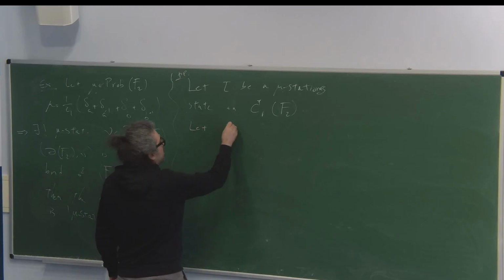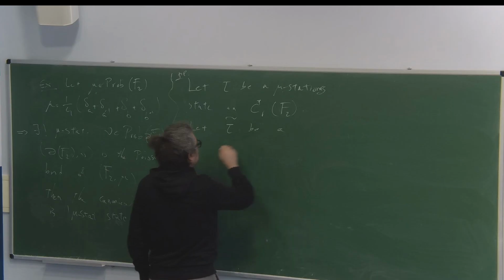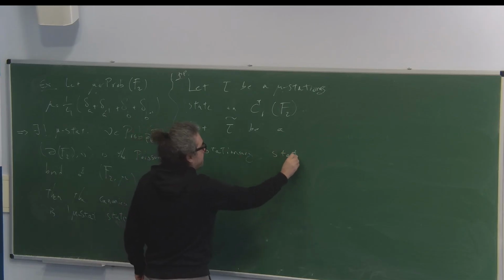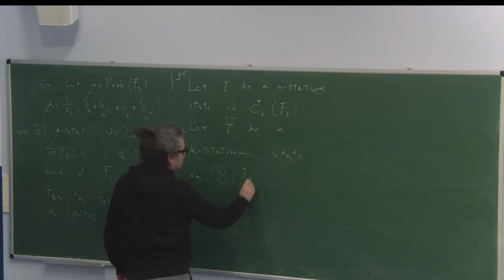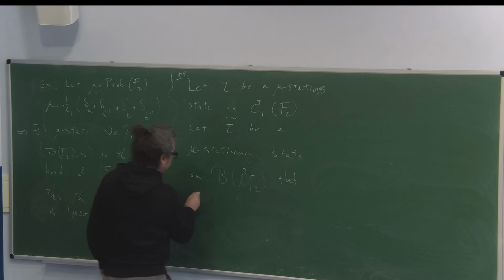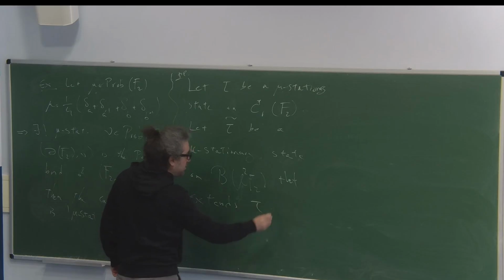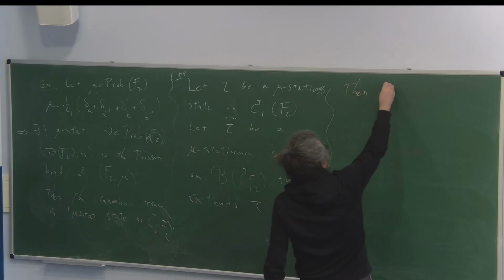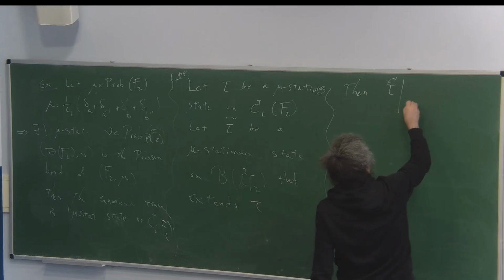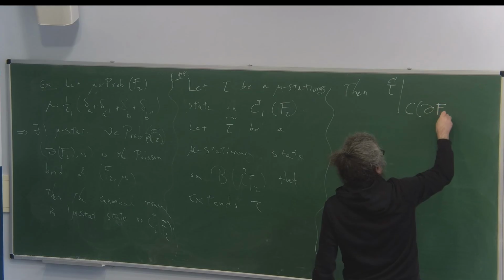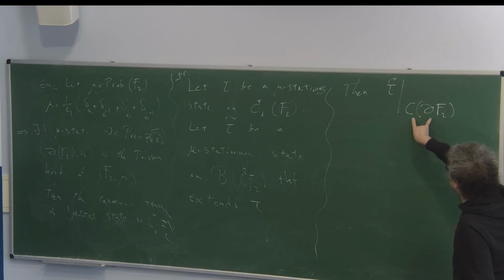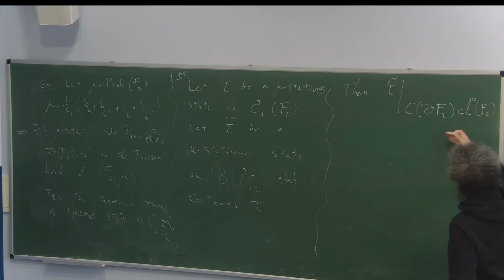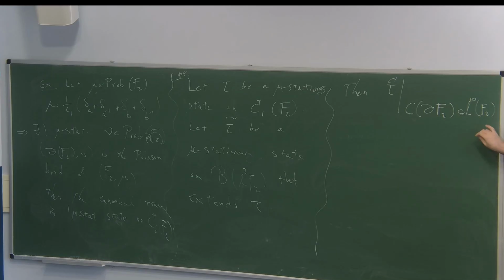Let tau tilde be a mu stationary state on B(L2(F2)) that extends tau. We said this always exists. Then if I restrict this to the copy of C(X), from this point on I'm going to identify continuous functions on the boundary with its copy inside l-infinity of F2 that we defined yesterday, and Jacob also reminded you.